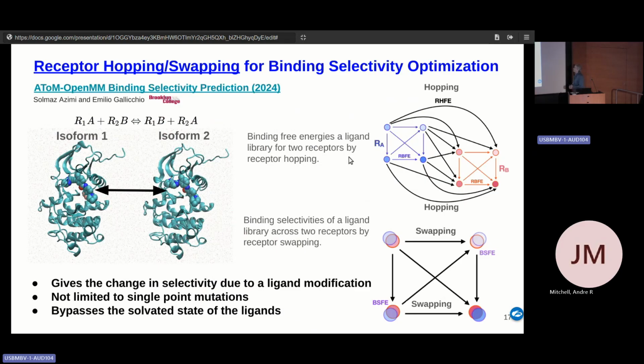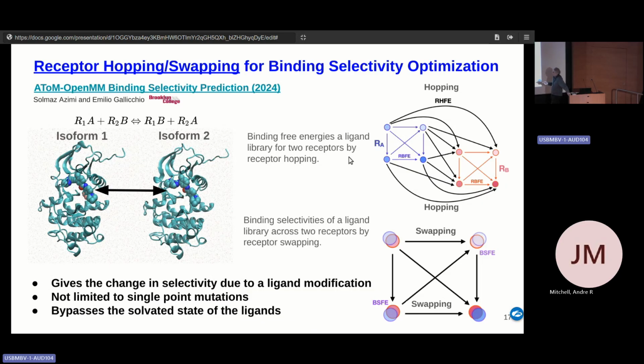Yes, so we started playing with this idea of making a ligand hop from one receptor to another. That turns out to be very difficult. But a protocol that turned out to be very useful is when we have two ligands in two receptors and they swap places.